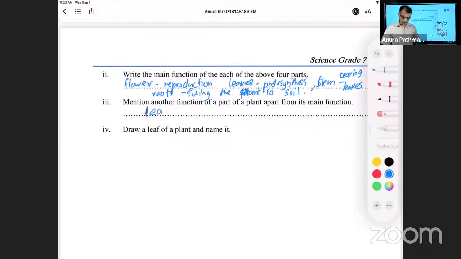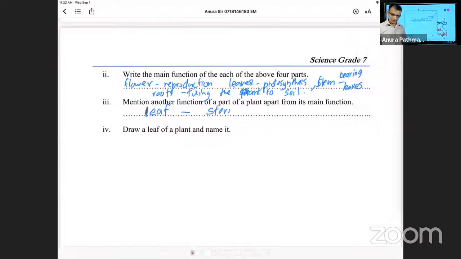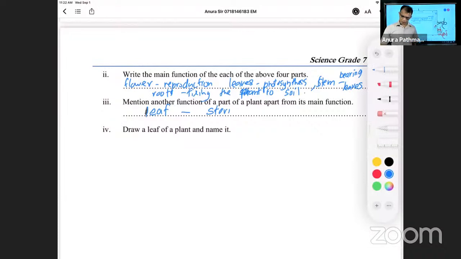There I will write leaf: storing water. Does all leaves store water? No. It is a special function, right?